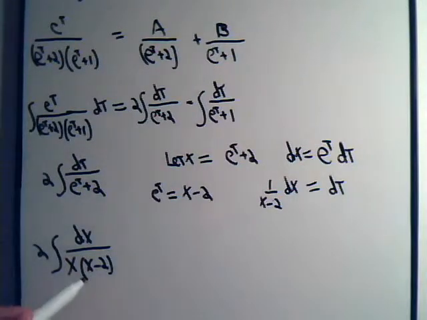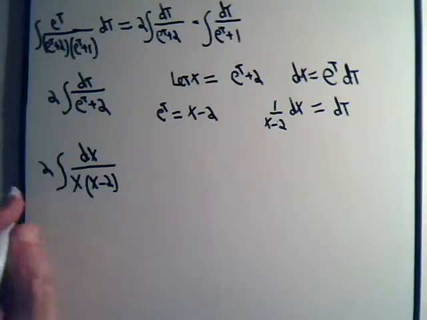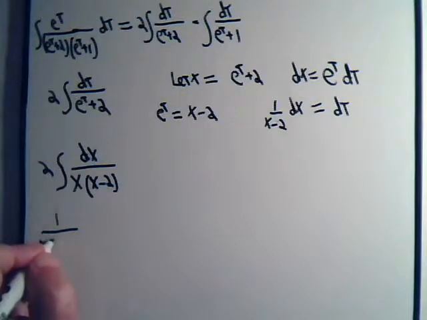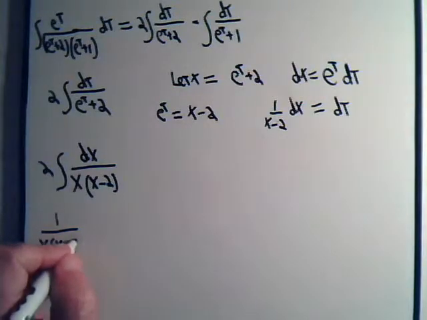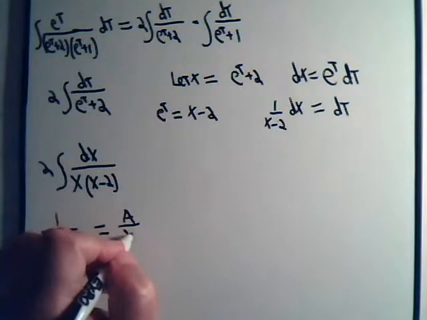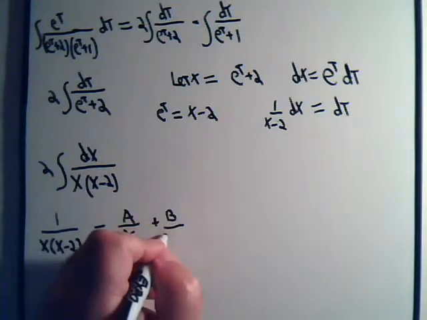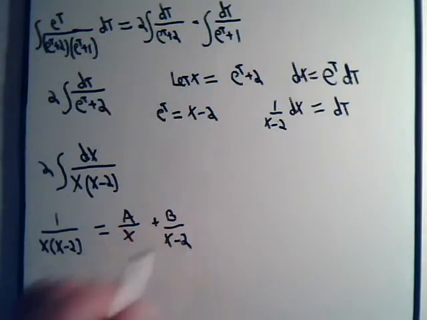So let's see, we have 1 over x times x minus 2 will equal a over x plus b over x minus 2.